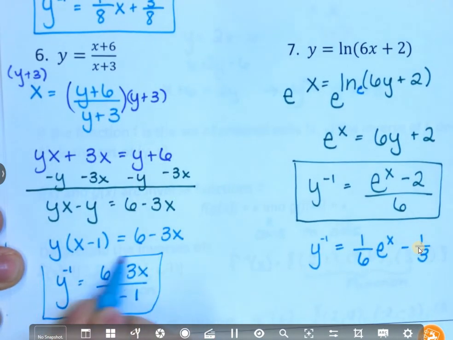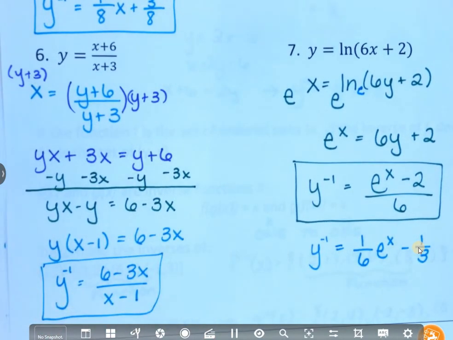Very similar to what we did when we were doing inverses for exponents and logs. We had to do stuff like that. Okay. How are we feeling with that? Okay. It's going to take practice.